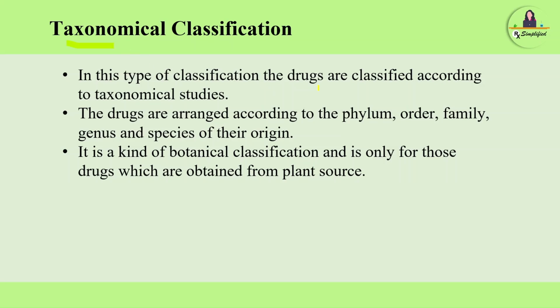The drugs are arranged according to the phylum, order, family, genus, and species of their origin. It is a kind of botanical classification and is only for those drugs which are obtained from plant sources.